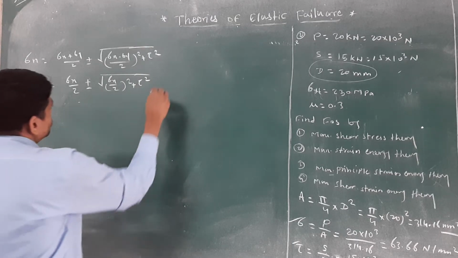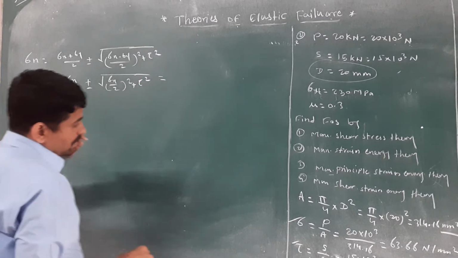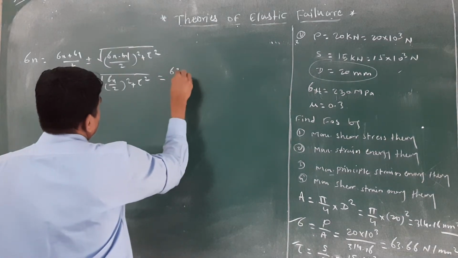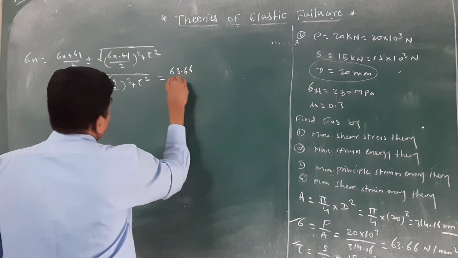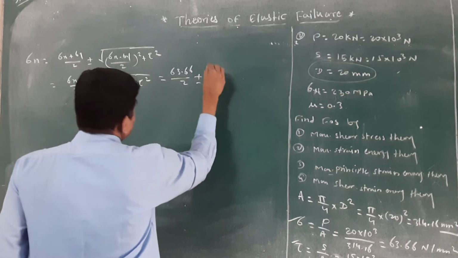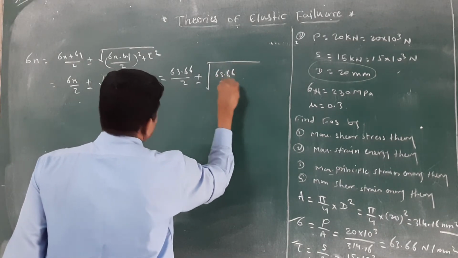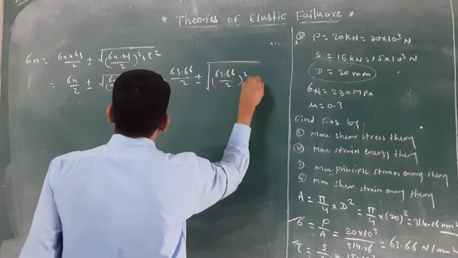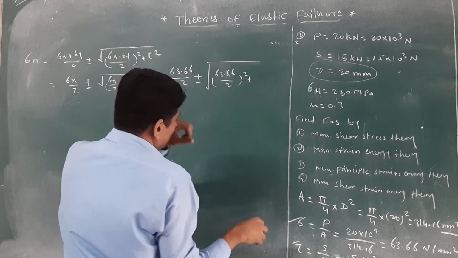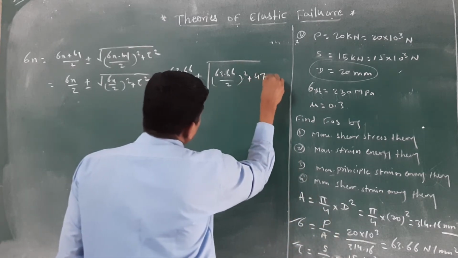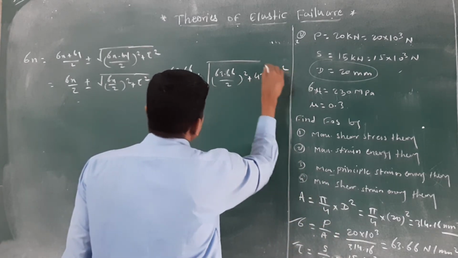Check that. What is the value of sigma x? We have calculated this: 63.66 divided by 2 plus or minus root of (63.66 divided by 2) square plus tau square. What is the value of tau? We have calculated 47.75 square.